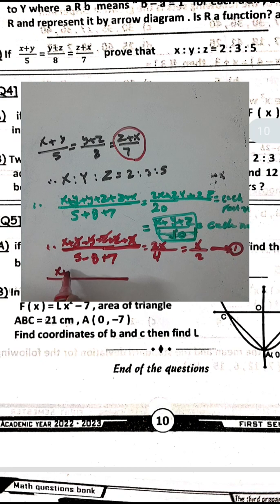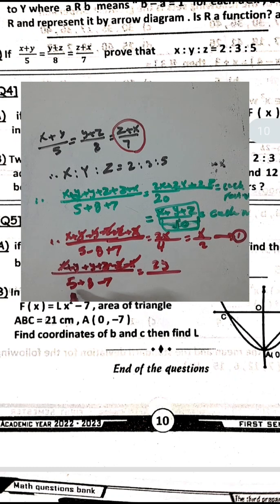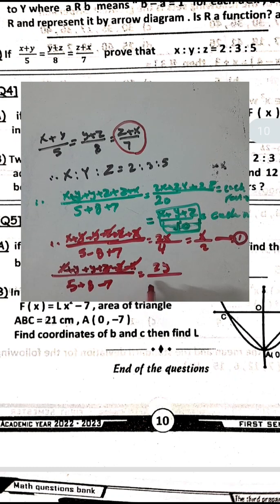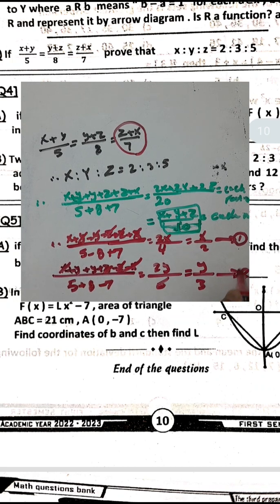Then we can write (x plus y plus y plus z minus z minus x) over (5 plus 8 minus 7). We can cancel x with x and z with z. The result will be 2y over 5 plus 8, which is 13, minus 7 equals 6. Then the result will be y over 3. It's relation number 2.